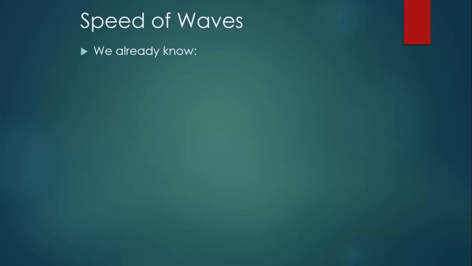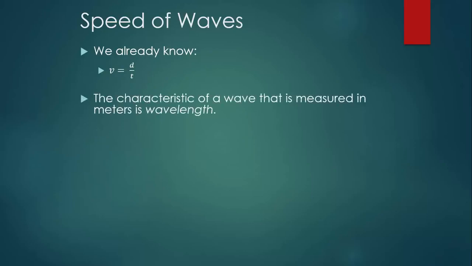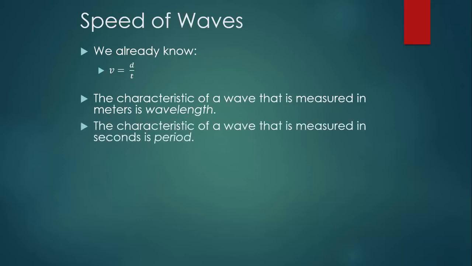Watch. Okay, so let's start with something we already know. V equals d over t. Speed equals distance over time. Now let's think about the new stuff that we learned. The characteristic of a wave that's measured in meters, like distance, is wavelength. And the characteristic of a wave that's measured in seconds, like time, is period.